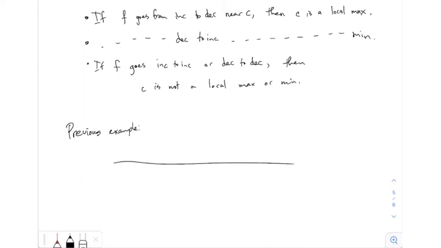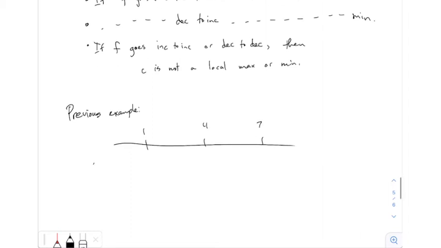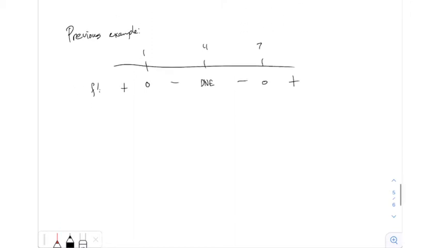remember, eventually we got down to this chart here, 1, 4, 7, and the signs went, there was a d and e in the middle for the derivative. The signs went plus, minus, minus, plus, right? So, according to the first derivative test, you can just look at the chart here and say which of these points is a local maximum or a minimum.